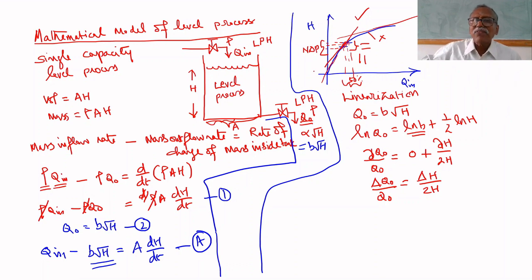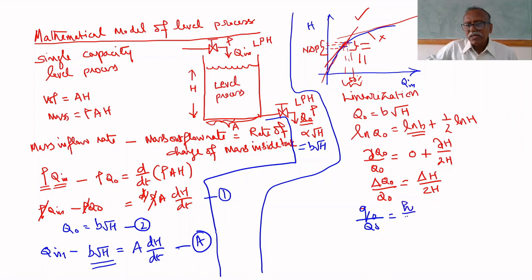Here in the graph you can see the tangent at all these points. In that small range of delta H and delta Q it is true. Therefore, dou Q naught is approximated to delta Q naught, and dou H to delta H.